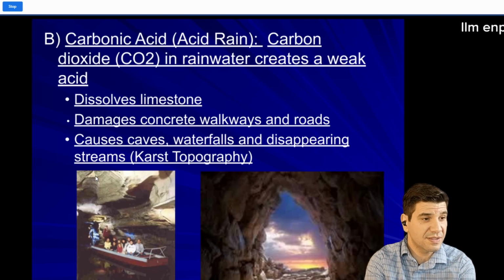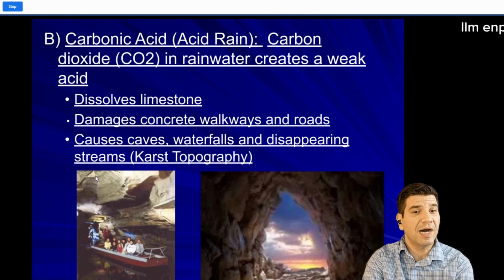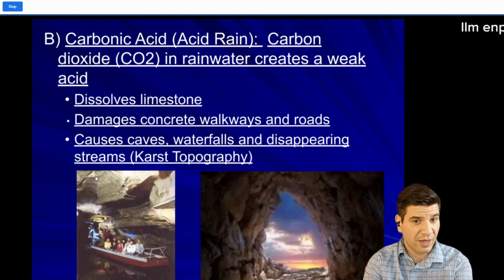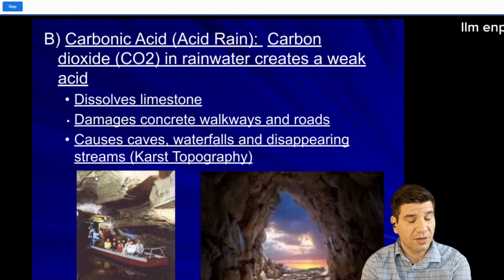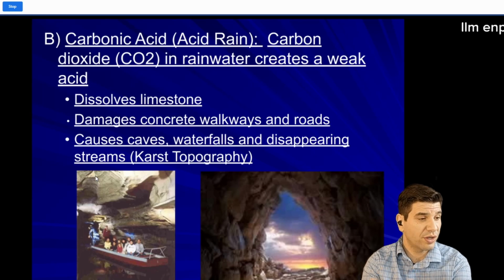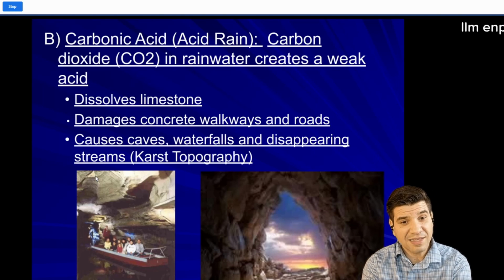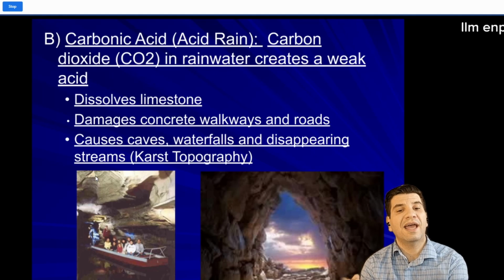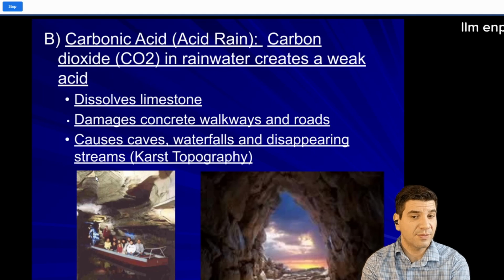Now, it's not just rust that's a problem. It's also carbonic acid, also known as acid rain. So carbon dioxide in rainwater is going to create a weak acid. And that acid will then eat away at, in particular, limestone.